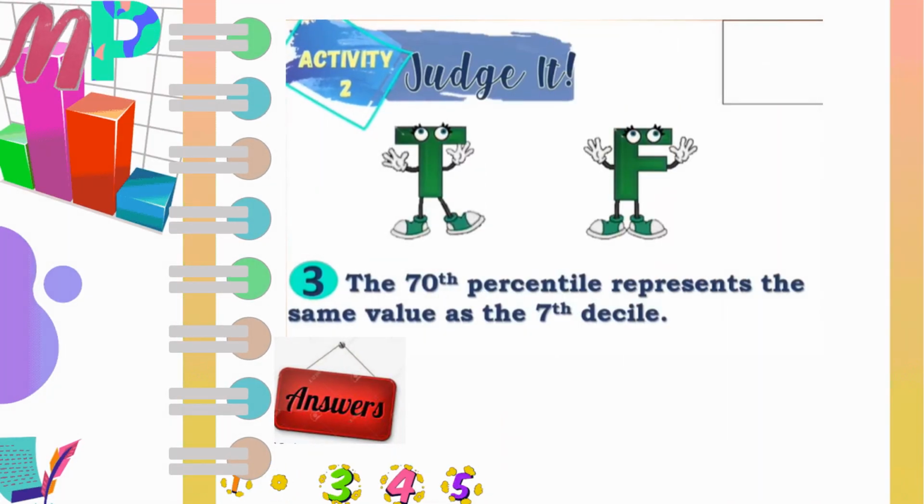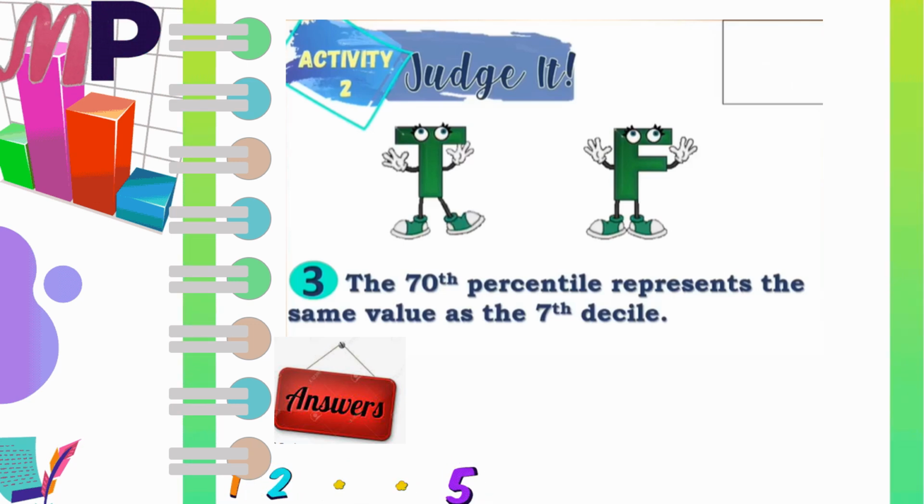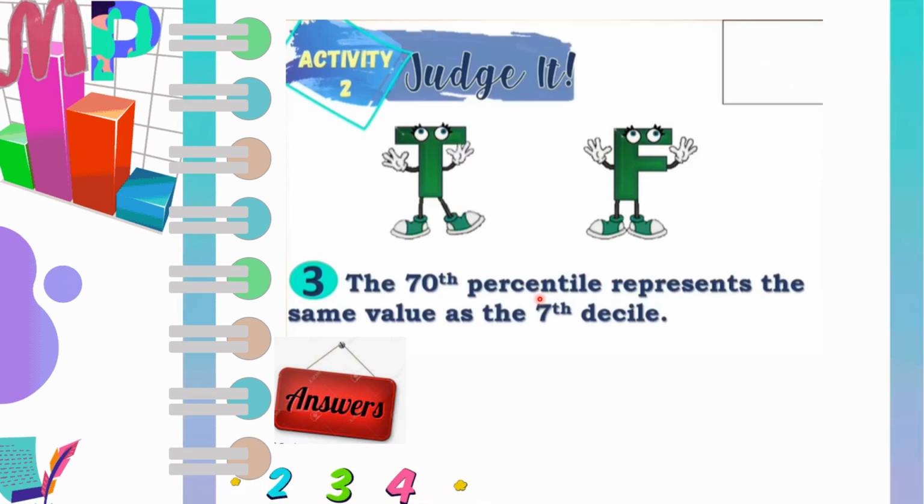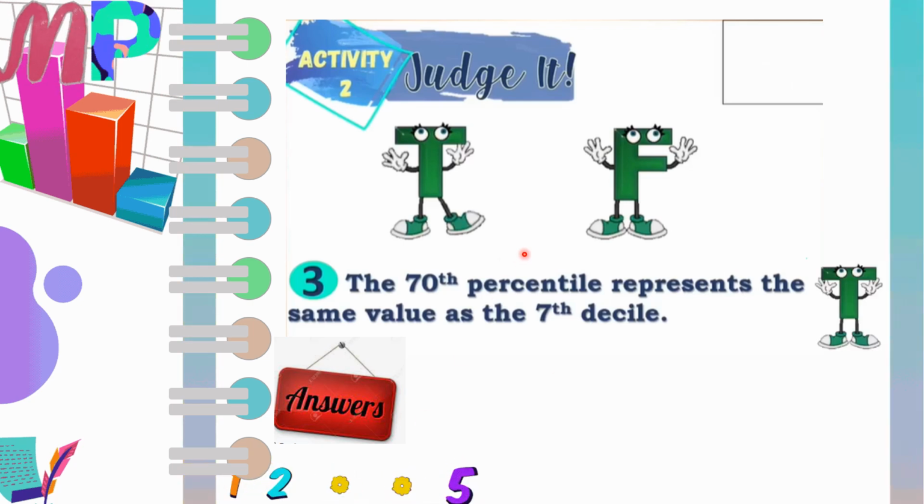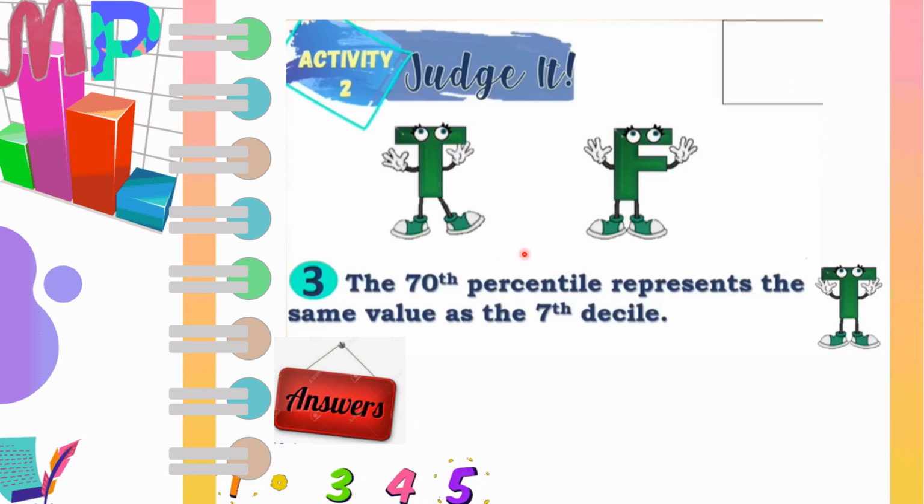Next, number 3. The 70th percentile represents the same value as the 7th decile. Is it true or false? The answer is true.